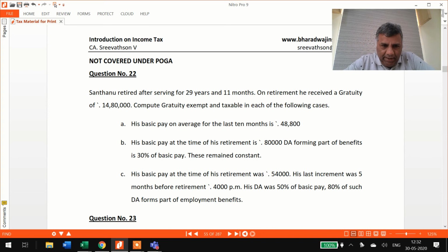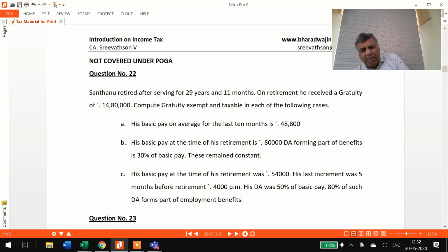Case C. His basic pay at the time of retirement is 54,000. His last increment was 5 months before, which is 4,000 per month. His DA was 50% of basic pay, 80% of DA forms part.